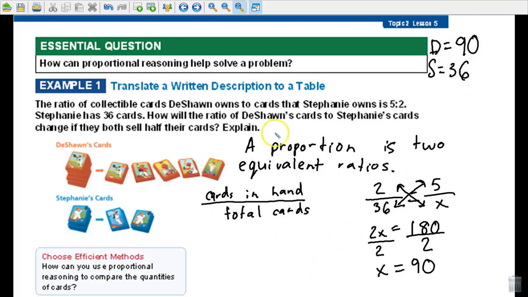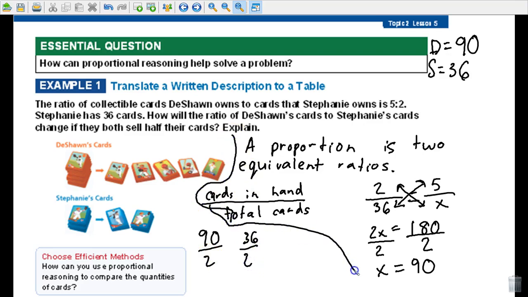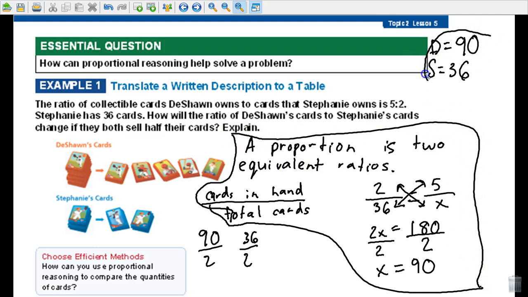So they're saying, how will the ratio of Deshaun's cards to Stephanie's cards change if they both sell half their cards? So selling half their cards, it would be 90 divided by 2 and 36 divided by 2. All right. So let's just separate this from all that. So we know this is the amount of cards that they have, and now we have to divide them by 2. So now we get 90 divided by 2 is 45, compared to Stephanie's 36 divided by 2 is 18.